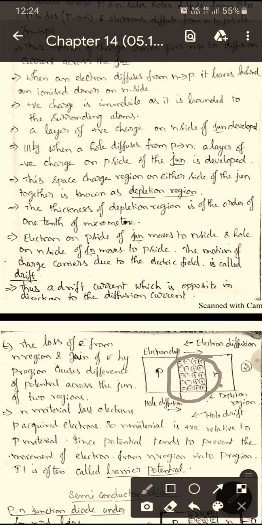So the electron on the p side of the junction moves to the n side, and the hole on the n side of the junction moves to the p side. The motion of charge carriers due to the electric field is called drift.